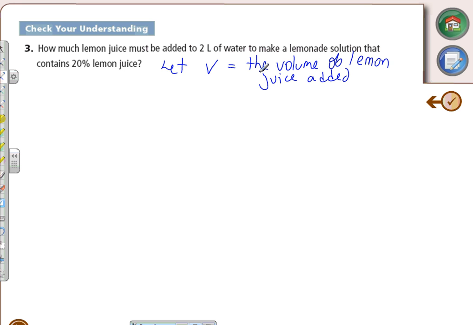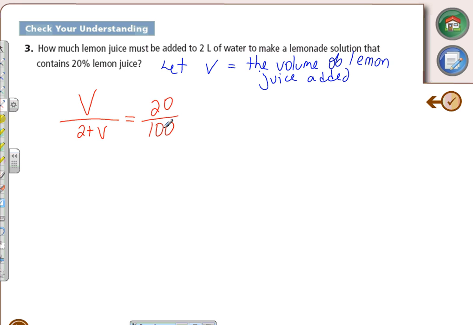And so now we've got a proportion. I take the amount of lemon juice out of the total. I started with 2 liters of water, but now I have 2 plus V. So V, which is the volume of the lemon juice, out of the total, which is 2 liters of water plus the lemon juice, has got to be 20%. 20% is 20 out of 100.